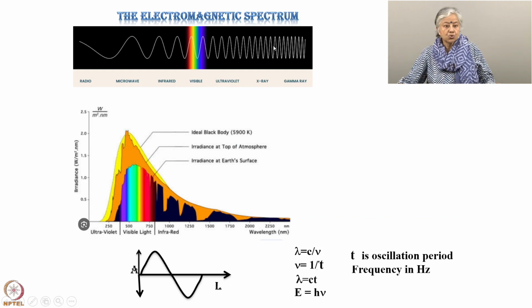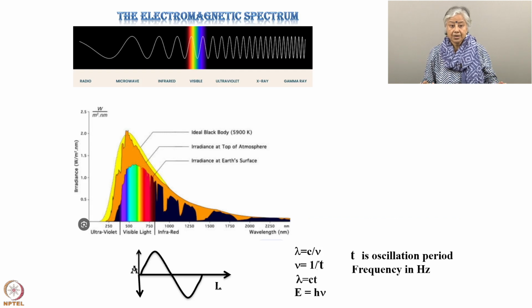So, this picture shows the wavelengths in the electromagnetic spectrum, which ranges from radio waves to microwaves to infrared to visible to ultraviolet to X-rays and to gamma rays. And the picture itself shows that the radio waves have the longest wavelength, and the visible occupies a very small portion of this total spectrum.